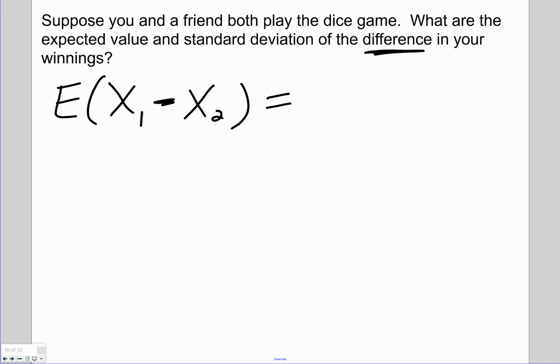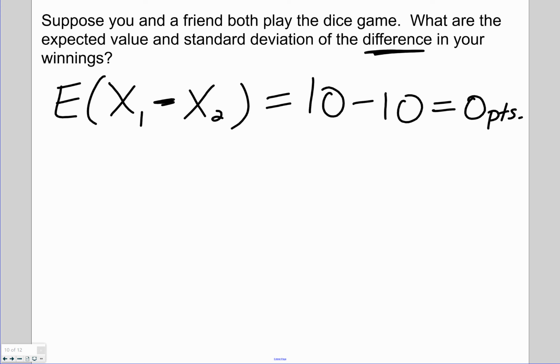What's the expected value of points that I am going to get when I play? 10. What's the expected value for my best friend? Also 10. When I subtract 10 minus 10, I get 0. So we're expecting our difference to be 0 points. Everybody feel good about that? Most students say, yeah, that makes sense. All right, just subtract.